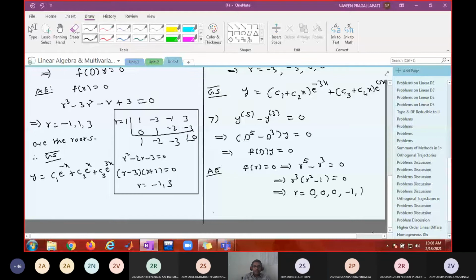Okay. So what will be the general solution? For equal roots, C1 plus C2x plus C3x square into e power 0x which is 1, plus C4 e power minus x, plus C5 e power x.